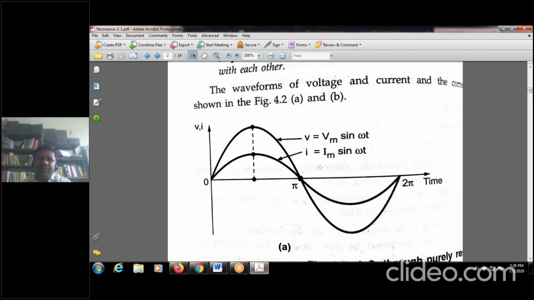Only the amplitude of the current signal is reduced by 1 by R times. The phase of the current signal is the same as the phase of the input signal. The conclusion is that V and I are in the same phase.